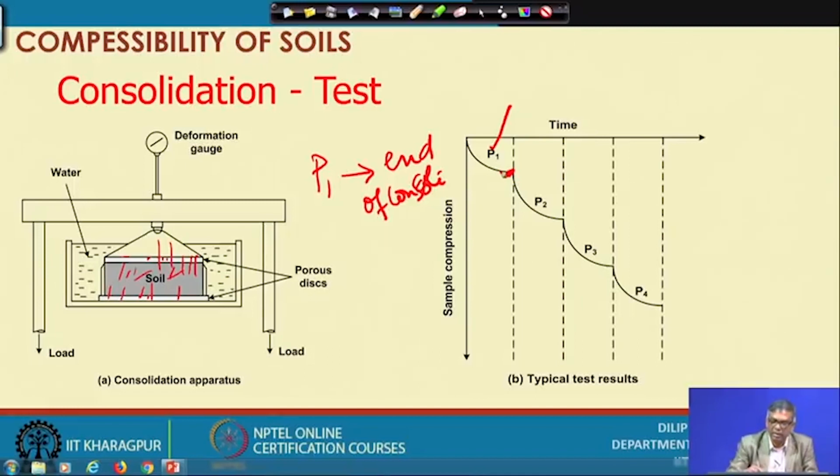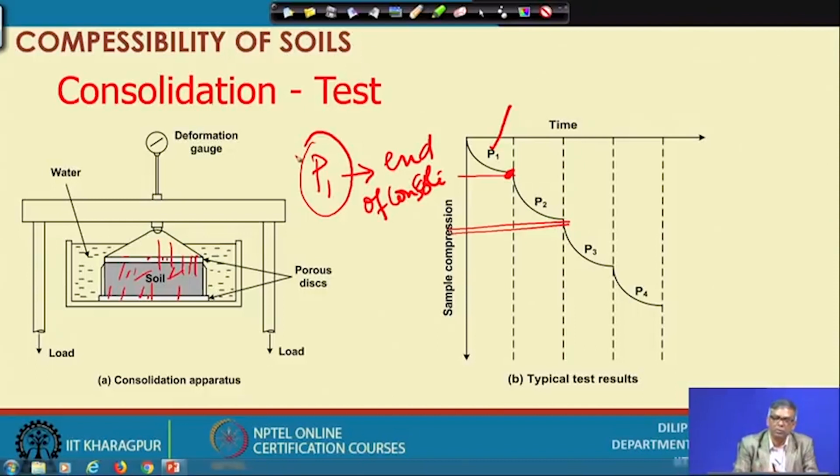Now, if I apply another load of magnitude P 2, the compression will start from here, and under this load there will be another amount of compression, equal to this. So, after application of each load there will be compression, which means that for a particular load we have a corresponding consolidation.